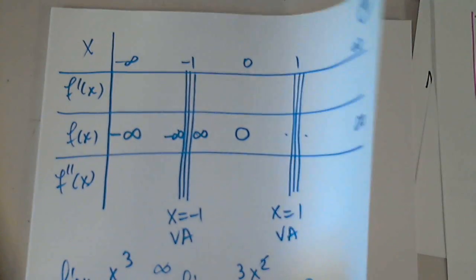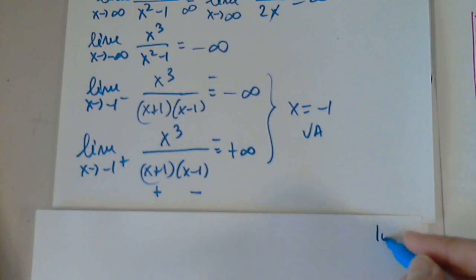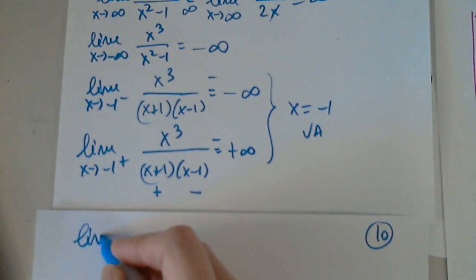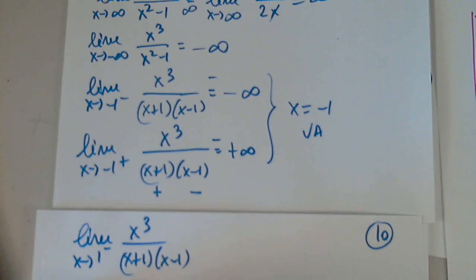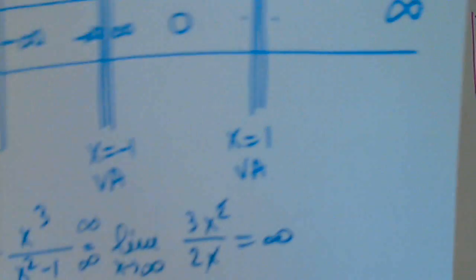And finally, the limits around 1. So limit of x cubed over x plus 1, x minus 1, when x approaches 1 from the left, and finally when x approaches 1 from the right. And let's see what we get.